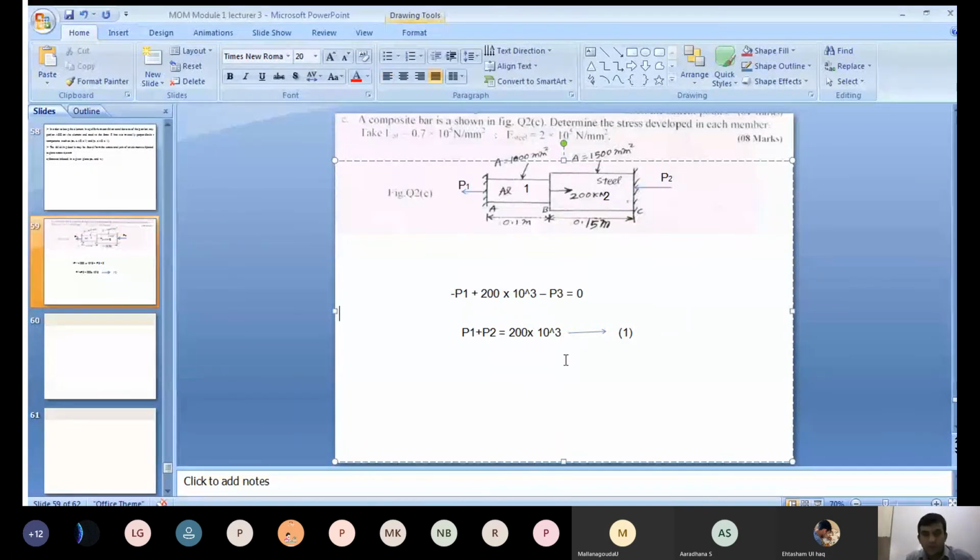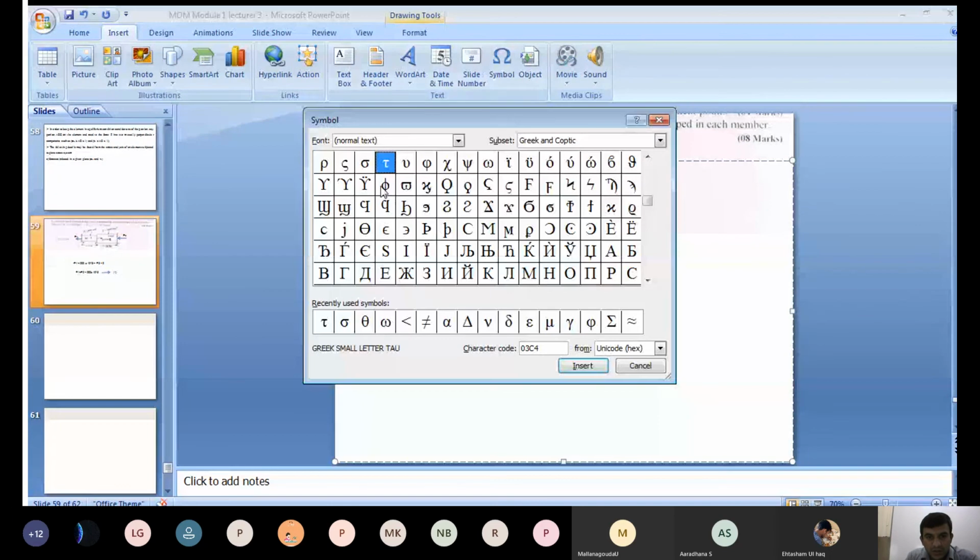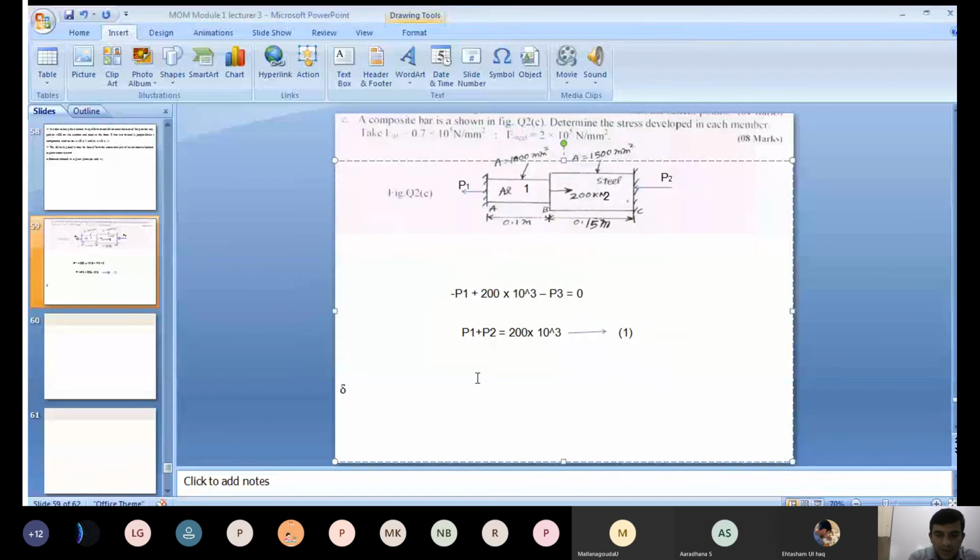Next, we'll apply the second equilibrium equation: delta L1 is equal to delta L2, right?